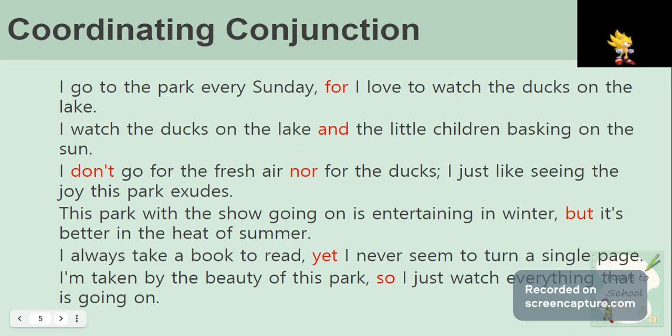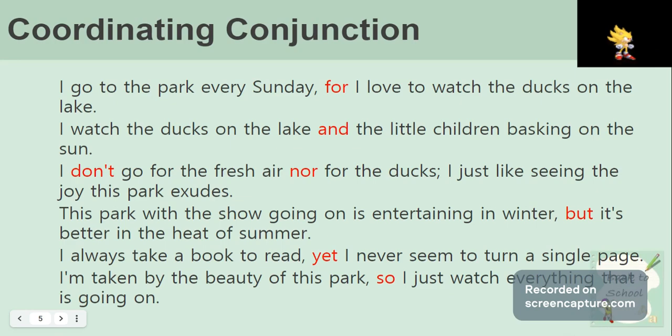So if you can see here, the highlighted red ones are the FANBOYS. These are coordinating conjunctions. So the role of coordinating conjunctions here is to connect two independent clauses, or it's either a dependent clause and an independent clause.